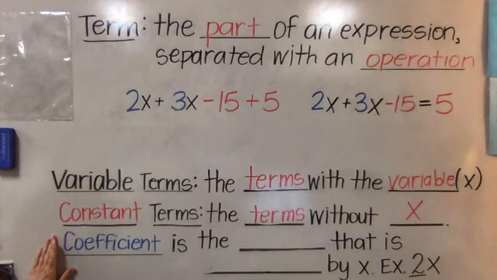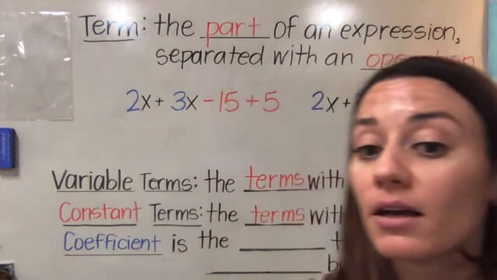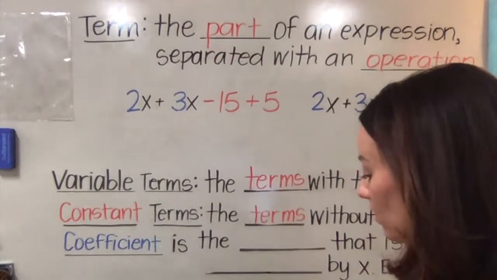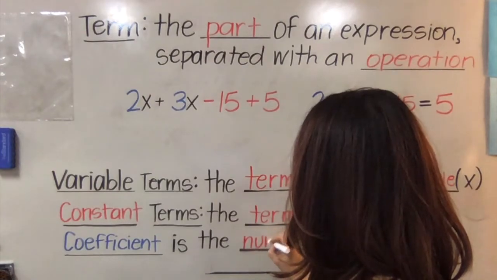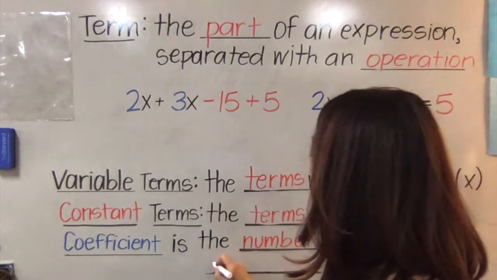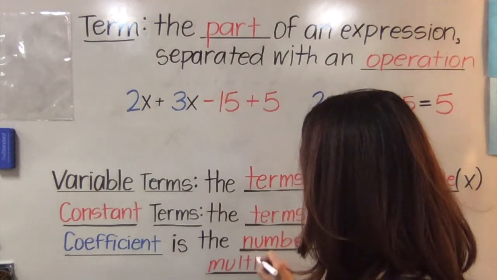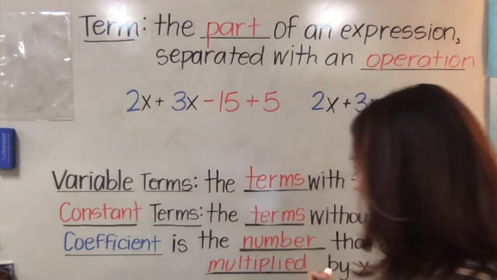Now, the last thing is we're going to review the word coefficient. Say it. Coefficient. And that is the number that is multiplied by x, or it's the number touching x.